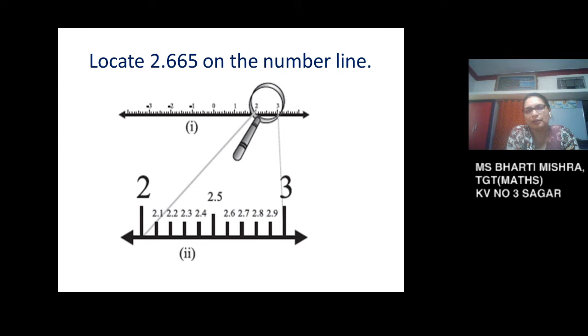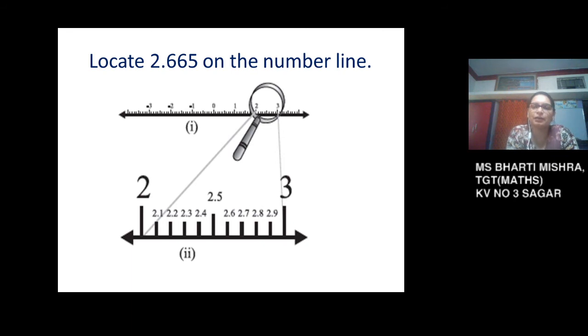For example, 2.665, we want to find out it lies between which two ones. So here in the ones place we have the number 2, and 2.665 is greater than 2 but less than 3.